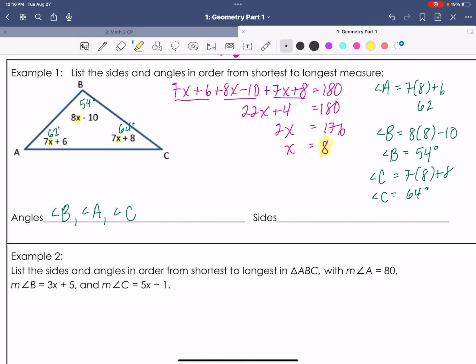So remember, if angle B is the shortest, which is this guy right here, that means the side across from it, AC, is also going to be the shortest. And then we know that if angle A is in the middle, this length is going to be the middle length.